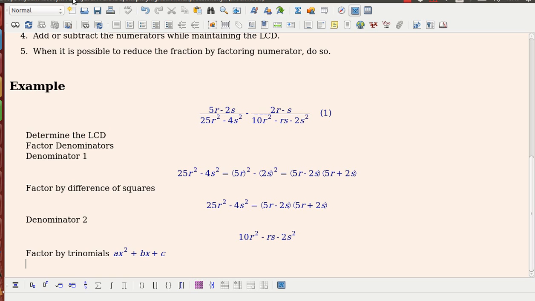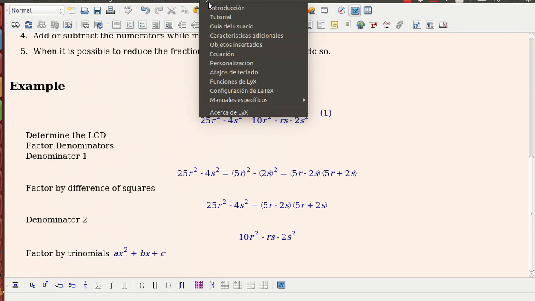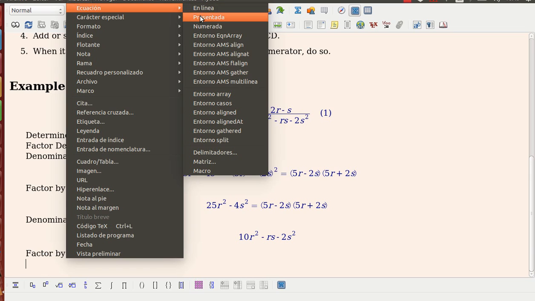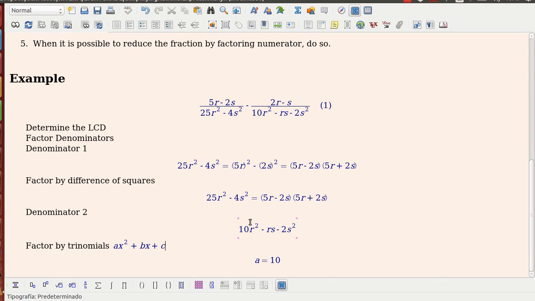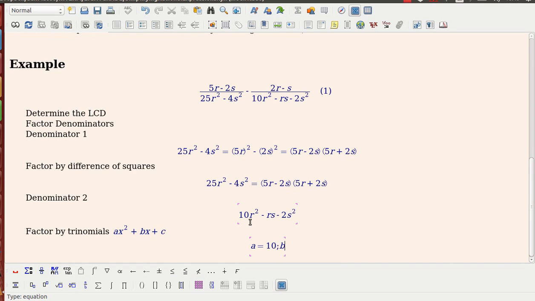You may ask, which one is A, which one is B, which one is C? A equals 10, the coefficient of r squared. B is minus s; if you take r away from this term, it will be minus s. And C is minus 2s squared.